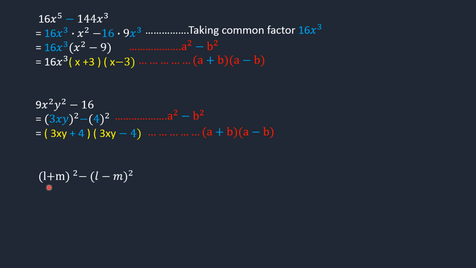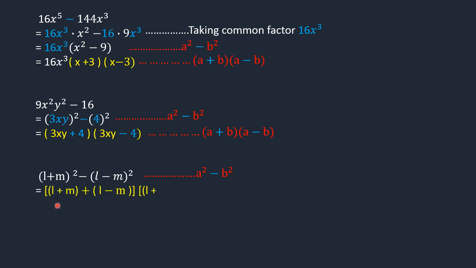Next, factorize l plus m whole squared minus l minus m whole squared. This is also a difference of two squared quantities according to a squared minus b squared.